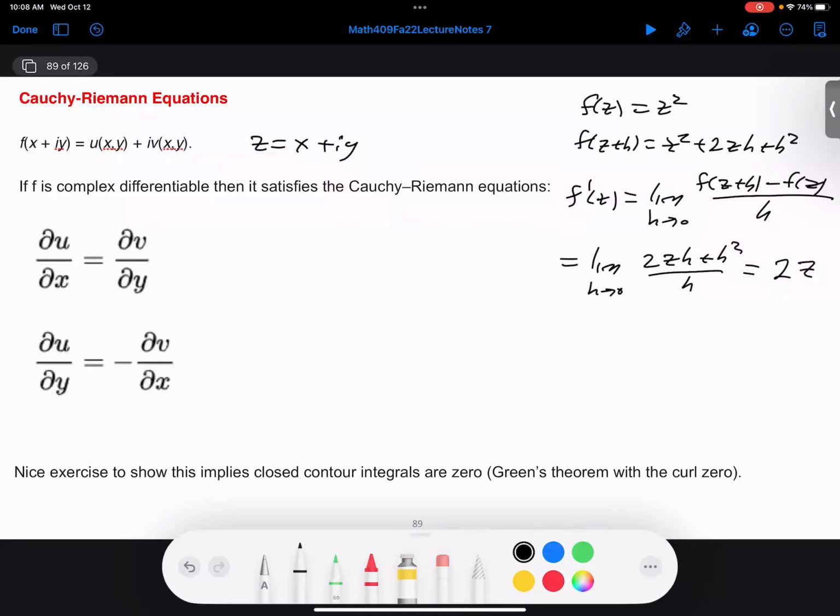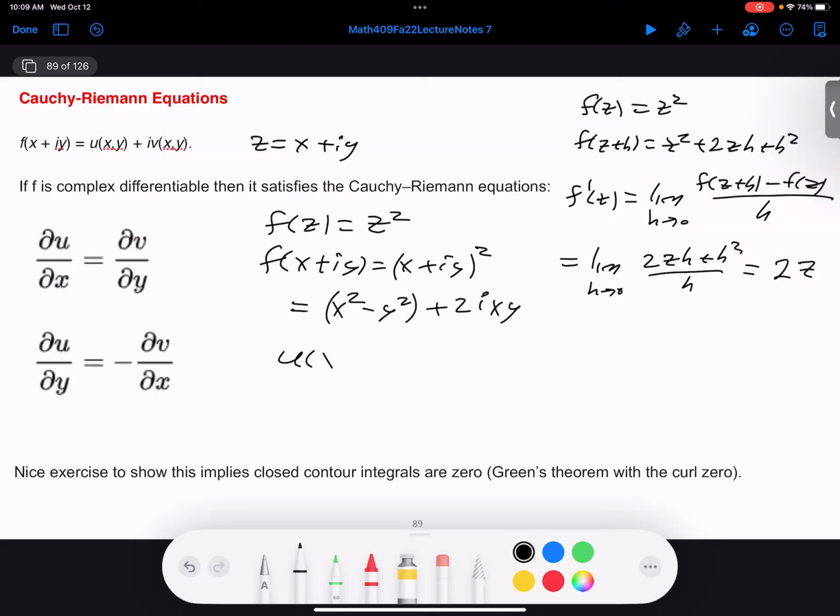So in this case, if f of z is z squared, that means f of x plus iy is x plus iy squared. This is going to be x squared minus y squared plus 2ixy. So what would u of x,y be and what would v of x,y be? u would be x squared minus y squared and v would be just 2xy.